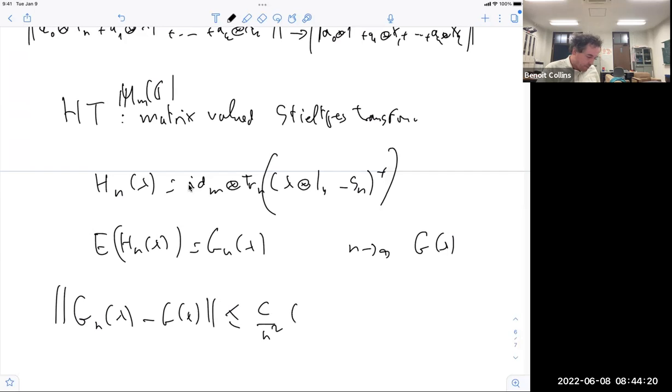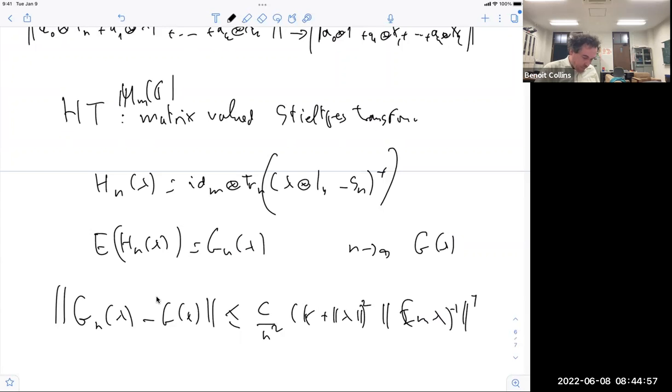And here I have something else, but I will just write it down and say what matters from my point of view. So here we take lambda, a matrix whose eigenvalues have positive imaginary parts, and the bound involves the norm of the inverse of the imaginary part of lambda.